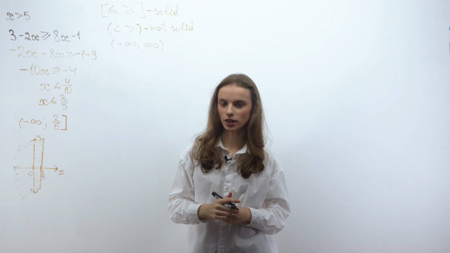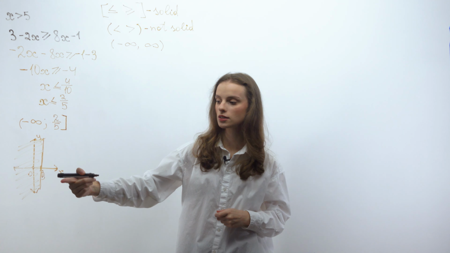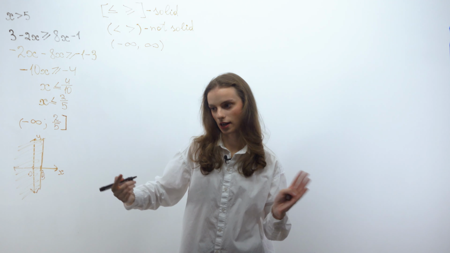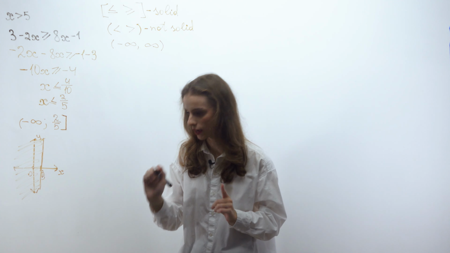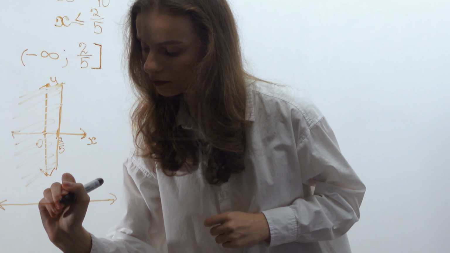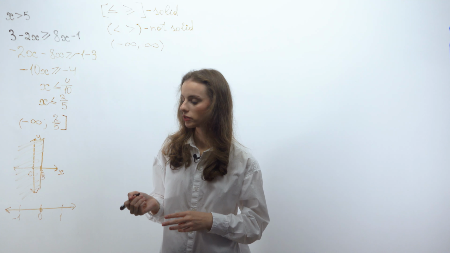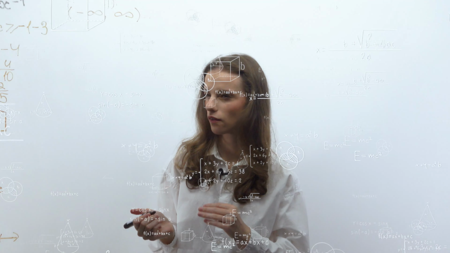And let's use the number line as well, because this one has y and x-axis. The number line only has x-axis. So that will look something like this. Where is going to be the fraction 2/5?